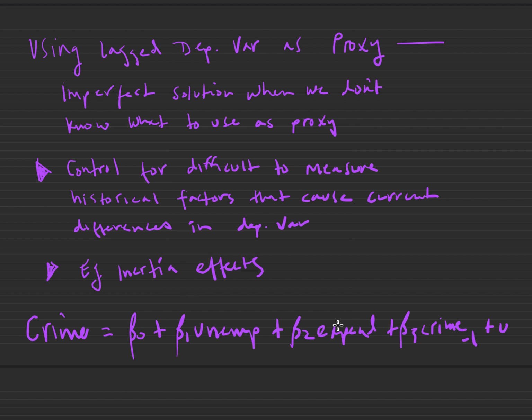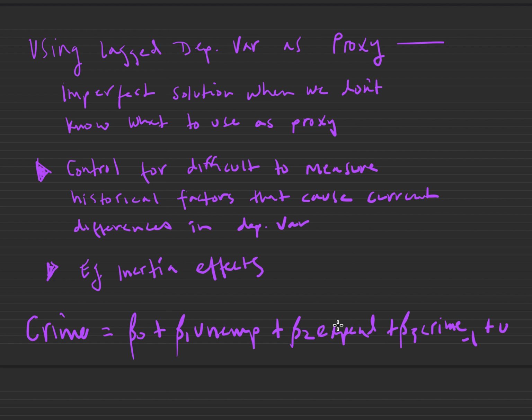And again, we're doing this because some areas have historically seen high crime rates. There are many factors that are unobserved to econometricians that contribute to current and past high crime rates. Cities with high historical crime rates may spend more on crime prevention. And there are unobserved factors that affect crime that are probably correlated with expenditures on crime prevention and unemployment.